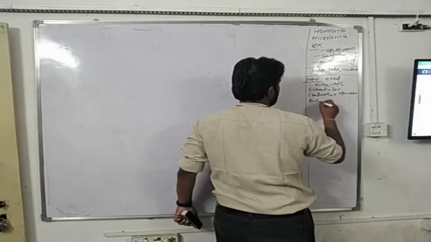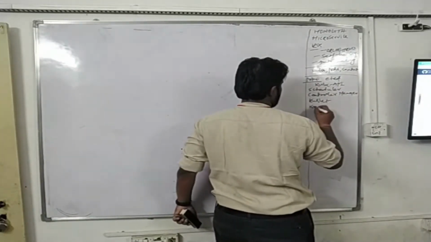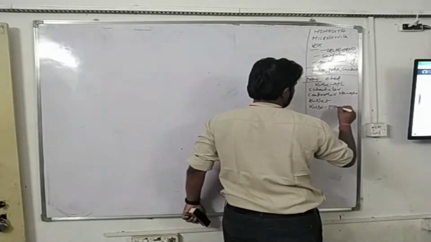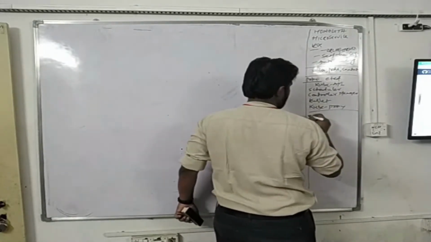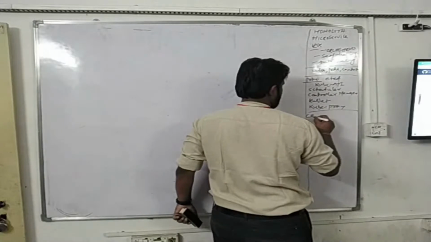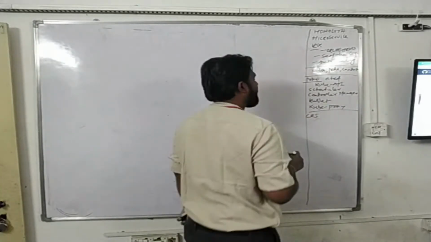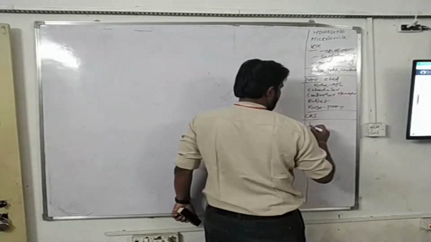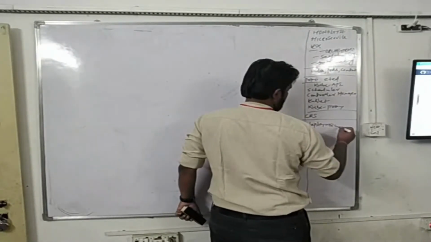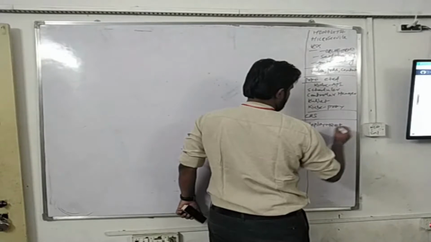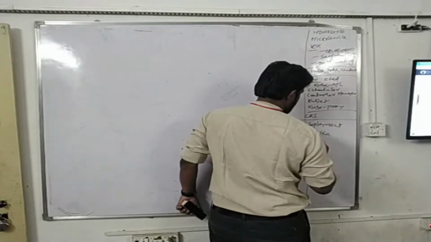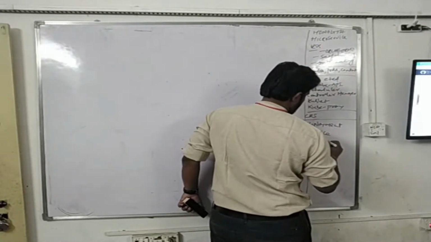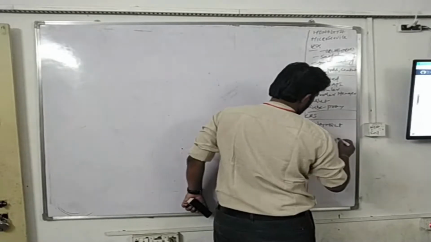Kubelet and kube proxy. Then we have some more, CRI. Excellent. Then we have deployments, service, Ingress rules, and Ingress Controller. That's how they are different.